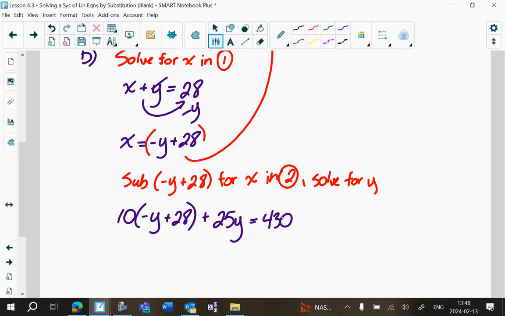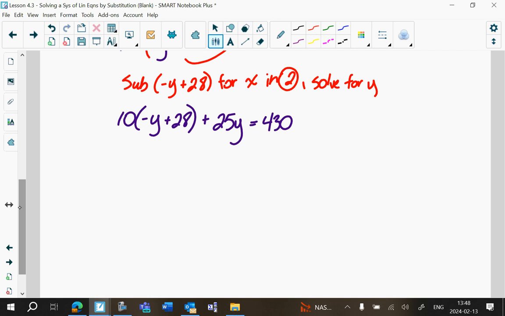And once we get y, we can figure out x. So, what do you want to do first? Yep. What does it look like when I get rid of the parentheses? 280. Notice the number a little bigger.